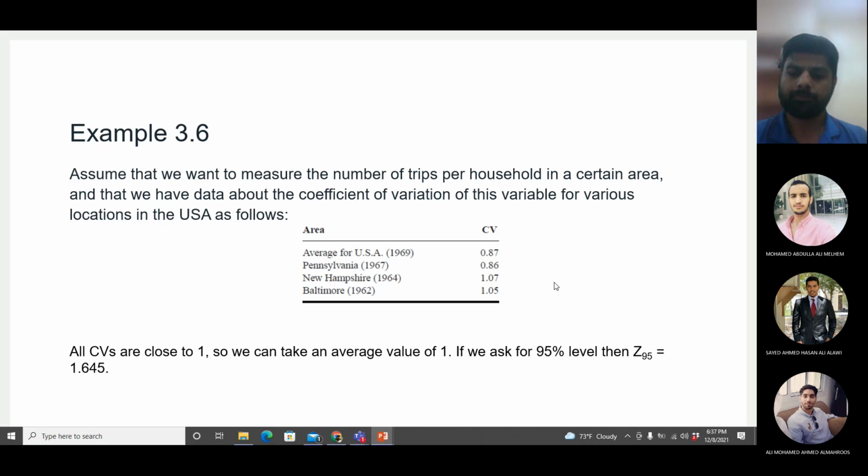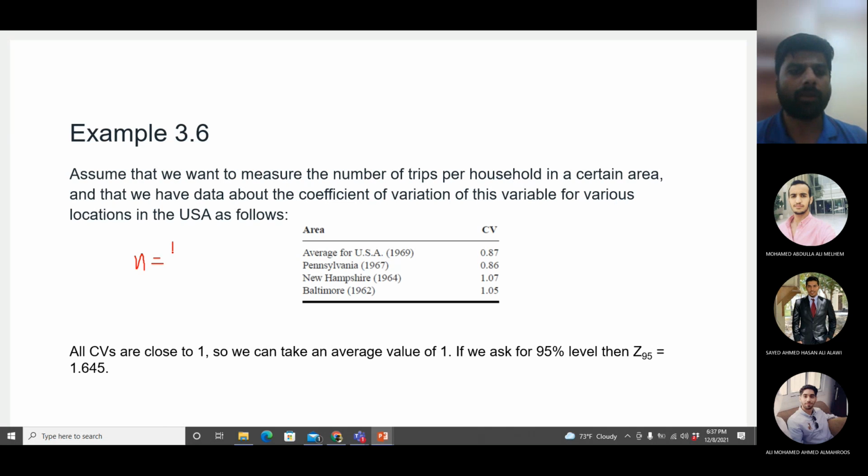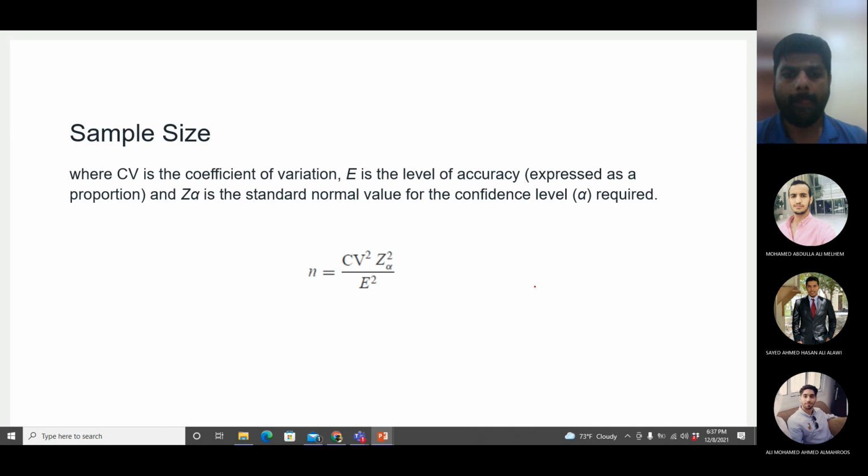So if you want to calculate the number of samples, then n equals CV, I'm taking 1, into Z squared, 1.645 square upon E square.